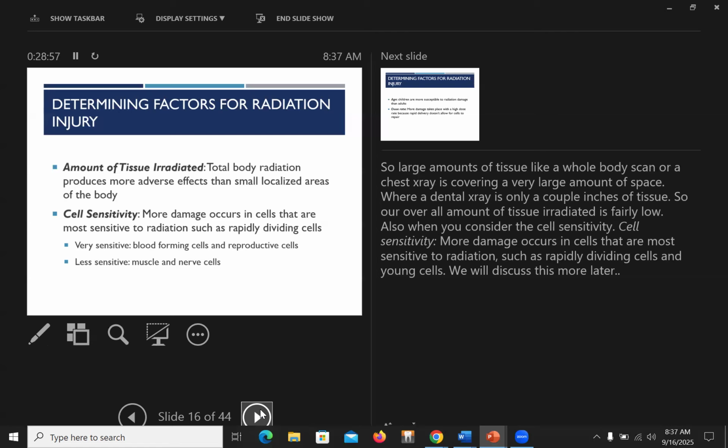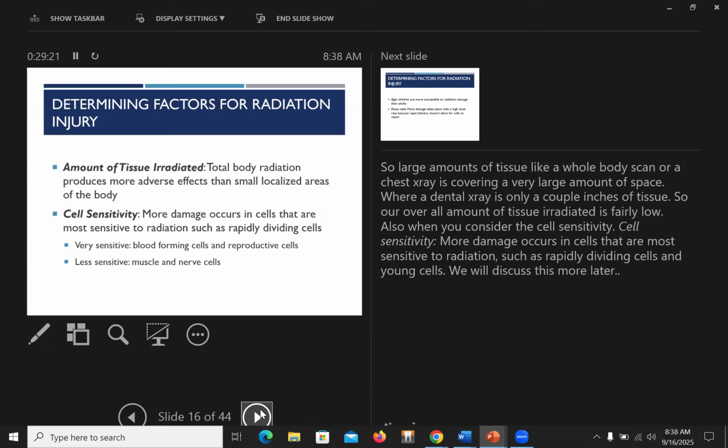Total body radiation produces more adverse effects than a small localized area. So we're not radiating their whole body, we're just radiating a small area of their cheek. But we do consider the cells that are sensitive. Some cells in the body are far more easily damaged, more reactive to radiation than other cells.